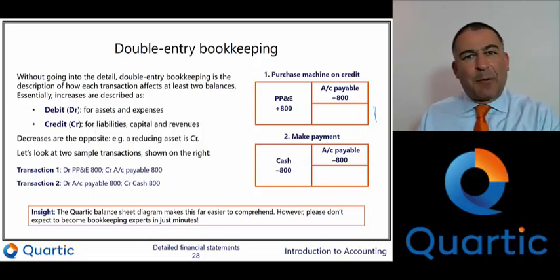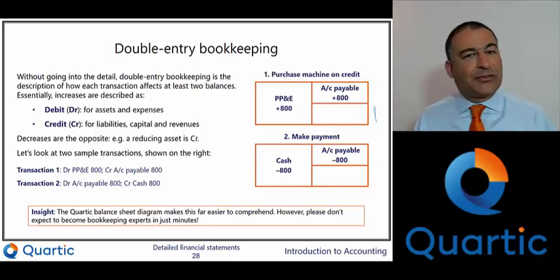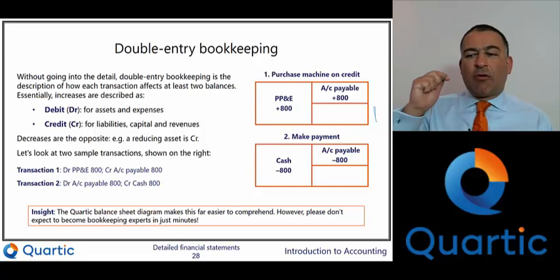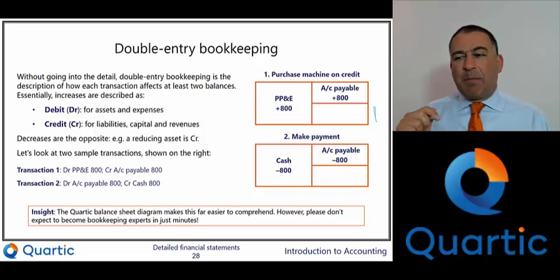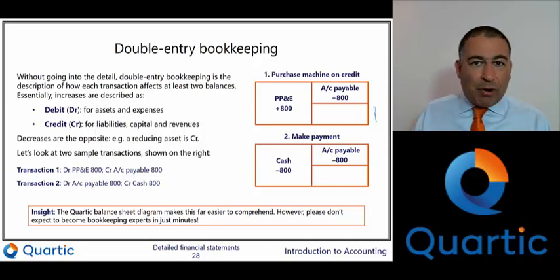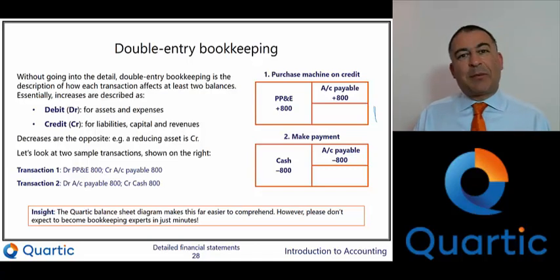And so the income statement means you've got revenues and costs, and they're also within the debits and credits framework. So roughly speaking, if you make something bigger on the left, it's debit. If you make something smaller on the left, it's a credit. If you make something bigger on the right, it's a credit. If you make something smaller on the right, it's a debit.